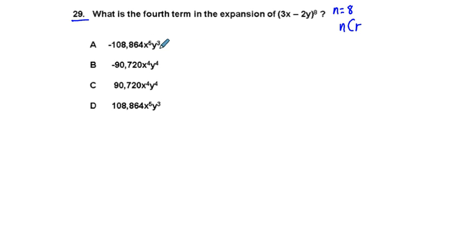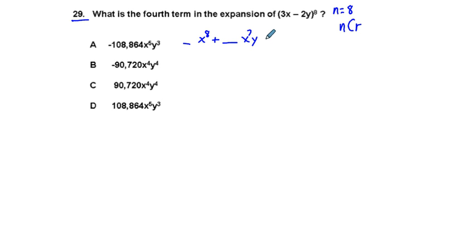Well, we can probably eliminate a couple of these answers. We know that our first term is going to be something x to the 8th power. The second term is going to be something x to the 7th power y.